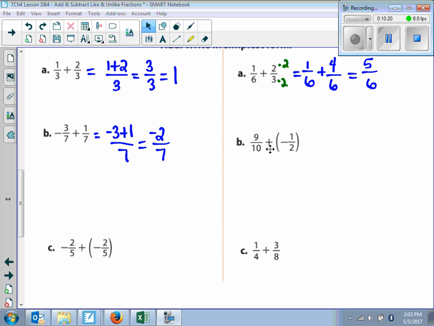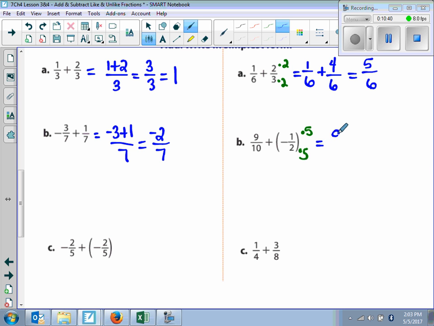All right, here we have 9/10 plus -1/2. The common denominator with 10 and 2 is what? 10. So once again, we're going to change the second fraction. So we're going to multiply here times 5, and we'll multiply here times 5. So when we rewrite, we've got 9/10 plus a negative, don't forget your parentheses, a negative 5/10.